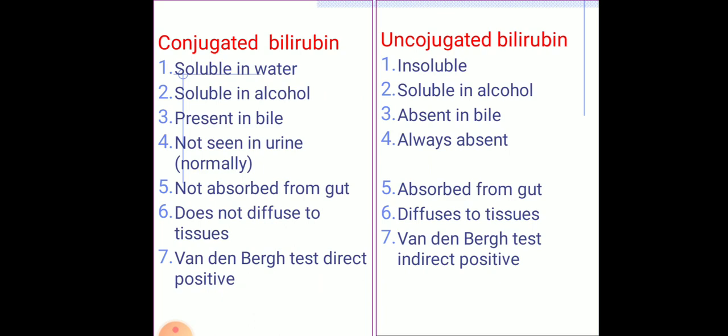Conjugated bilirubin is not absorbed from the gut and does not diffuse to tissues. Unconjugated bilirubin is absorbed from the gut and diffuses to tissues. And the Van den Bergh test is direct positive for conjugated bilirubin, and indirect positive for unconjugated bilirubin because it gives the colored compound only after adding alcohol.